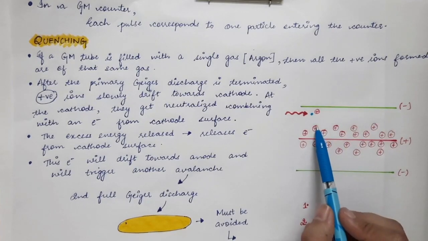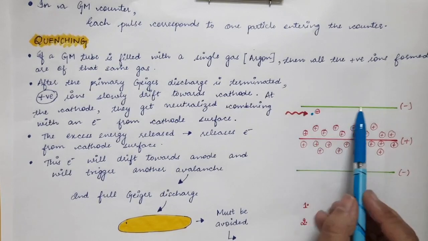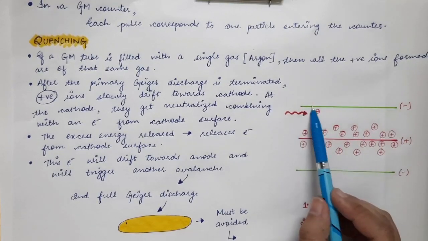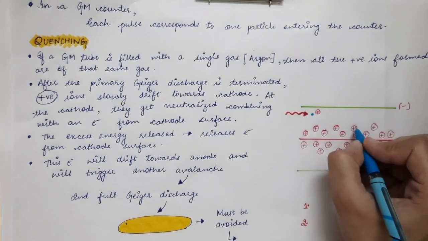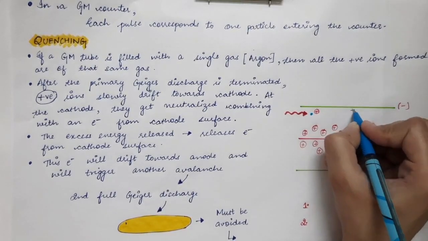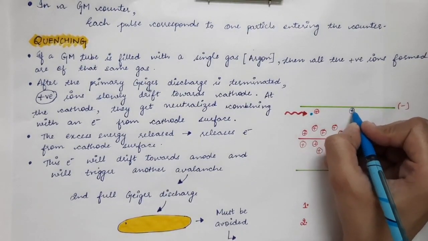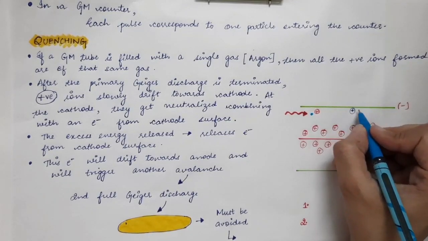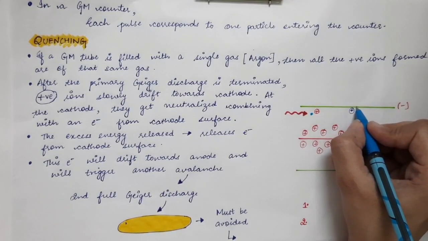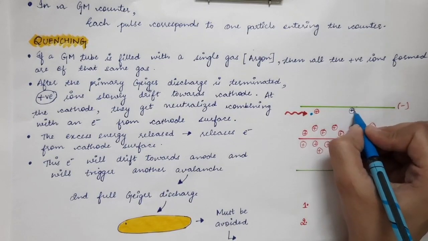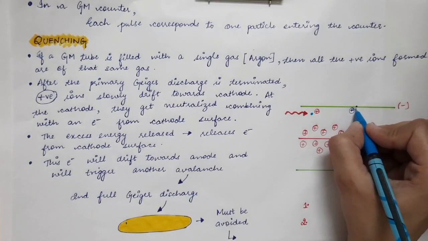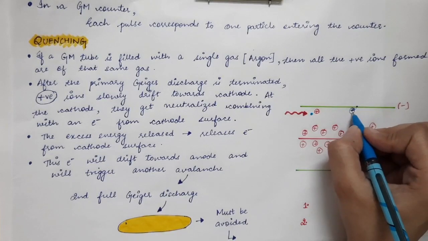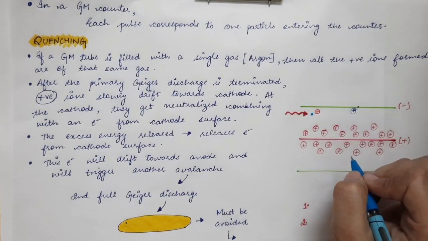When a positive ion reaches the cathode wall, it takes an electron from the cathode wall and gets neutralized.